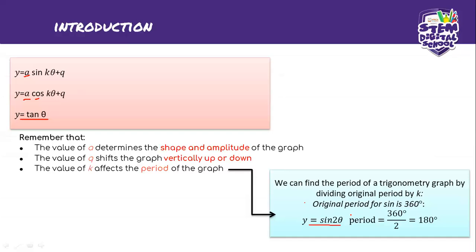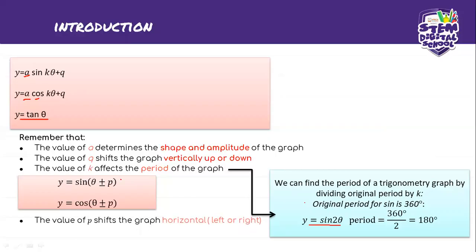Now let's proceed. Now we have another parameter, which is P. We also have to understand how this P affects our graph for sine and for cos. So P only applies on the sine graph and the cosine graph, not tan, right? Now let us see how this P affects our graph.